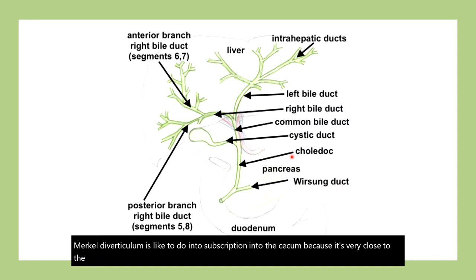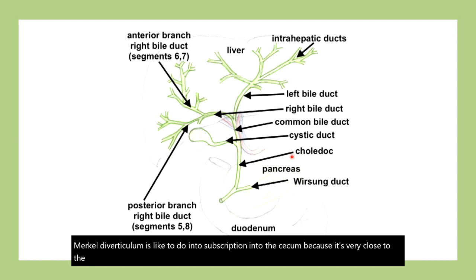So we have intrahepatic ducts, and we're also going to have extrahepatic ducts. We have disorders that only affect the extrahepatic one, and we have disorders that affect the intrahepatic and also the extrahepatic.